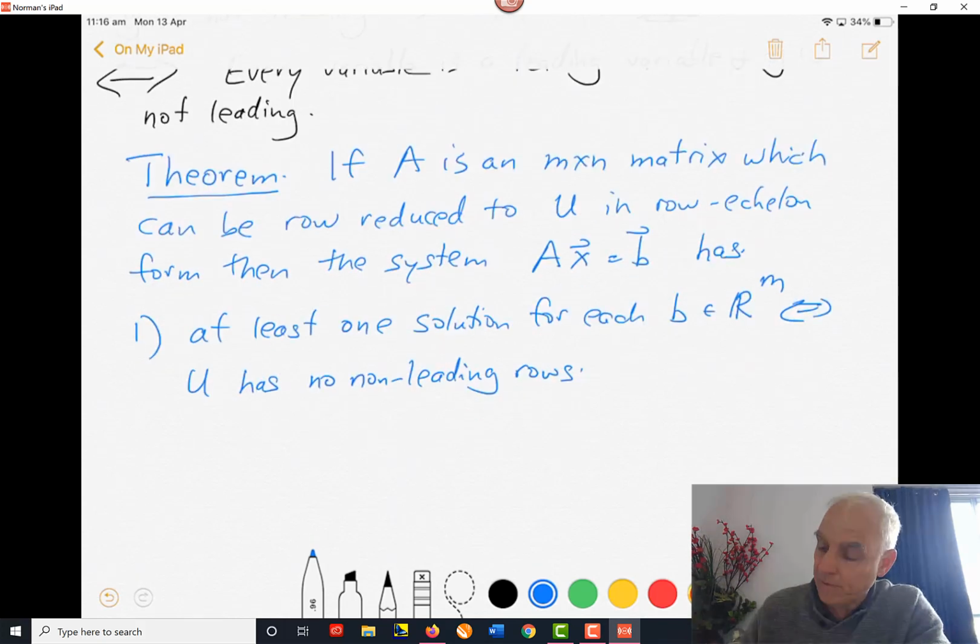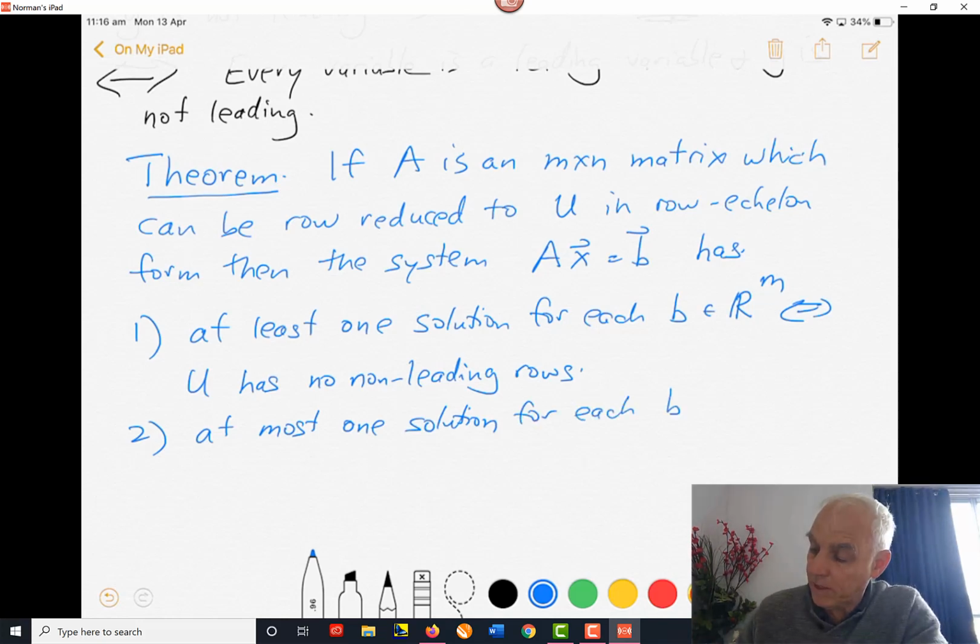And I'll say the other one. The next one is at most one solution for each B in Rm, precisely when U has no non-leading columns.